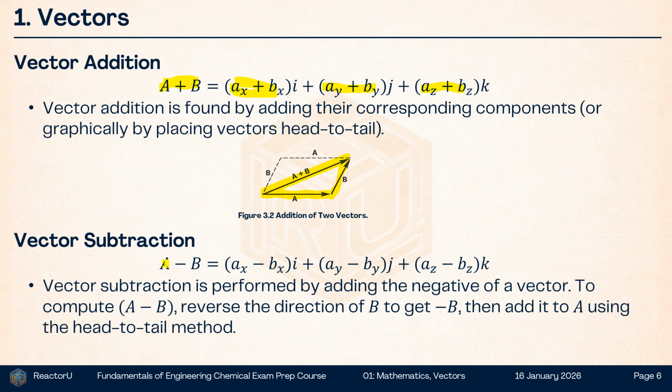The subtraction is the same. We subtract the corresponding components, the x, y, and z components, or we could do the same graphically. We will not use B, but we will get the negative B vector, and we will do the same head to tail method that we did with the addition.